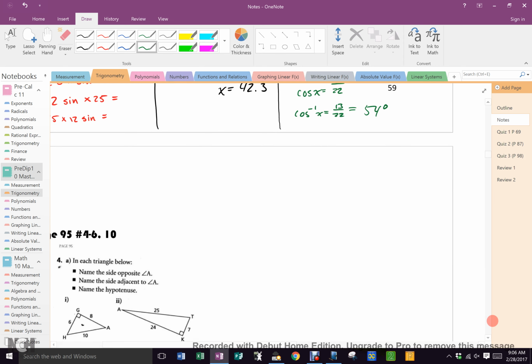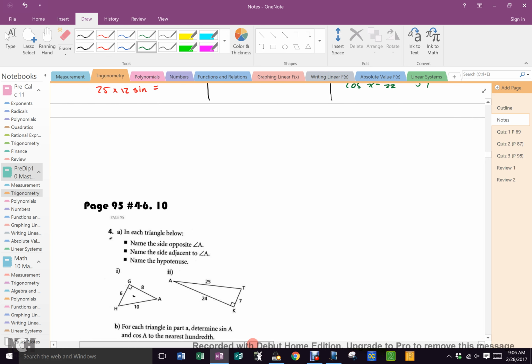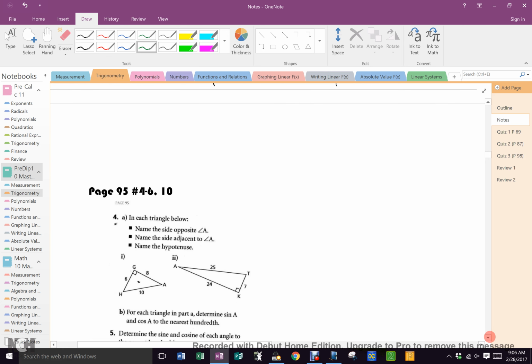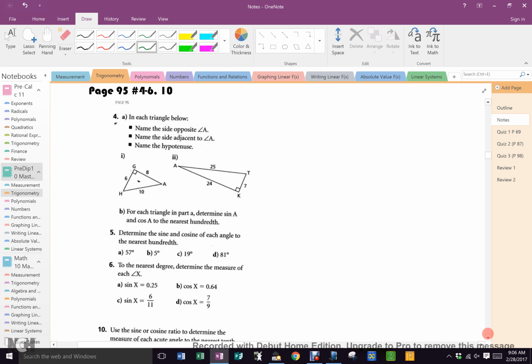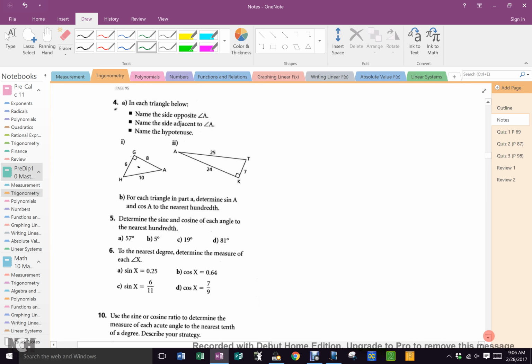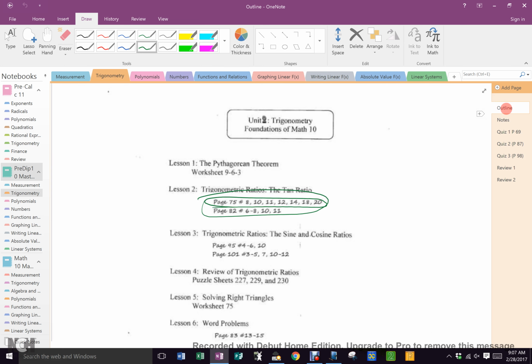All right, is everybody Gouda for that? Okay, go on to the next page, page 95. Well, it's not page 95 in your books. It's page 95 as a title. The answers are there. You are doing 95 and 101, I believe. Yes.